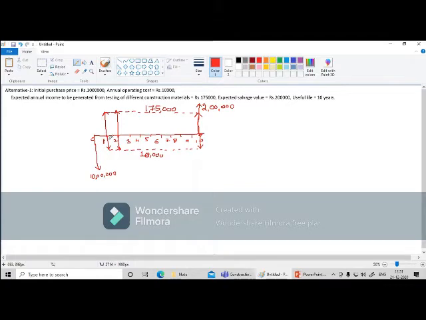It is a cash outflow. Then we have the annual operating cost of 10,000 every year, so I have shown two arrows and connected the dots. Similarly, every year 1,75,000 is the income from the end of the first year, shown using a dotted line. The 2 lakhs is at the end of the useful life. So at the end of the 10th year, I am getting 2 lakhs.